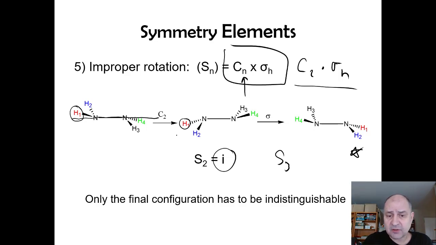Make sure that happens for all four. And then your sigma would be horizontal with respect to the C2, and so then this would project and end up here, right? Which is now the same as H4. So that would be an S2. Any inversion center is the same thing as an S2. So if you have an inversion center, you have an S2. But as I said, that's actually not an operation that we consider. We just call that an inversion center.